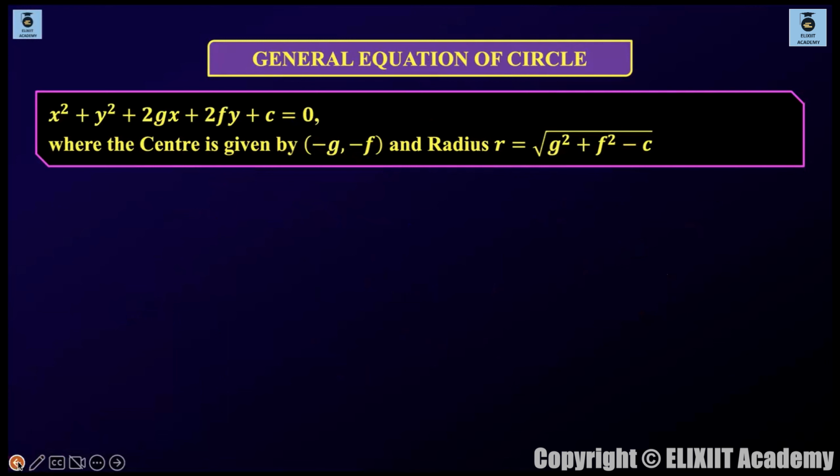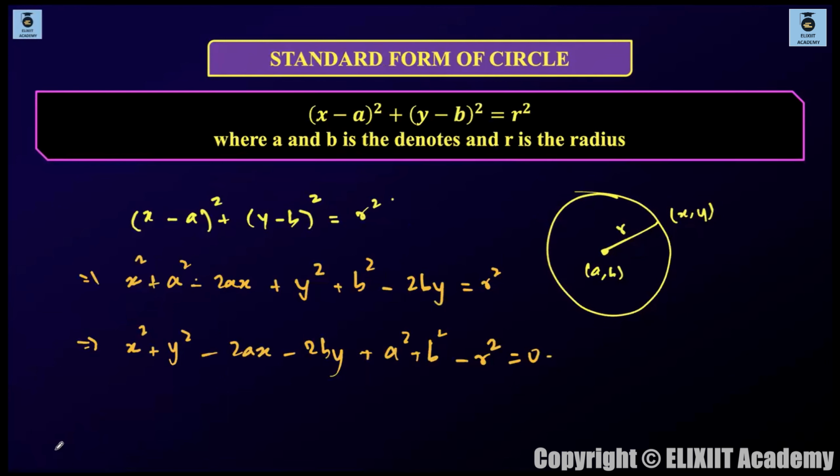This entire thing was taken to be the constant. So I compare with this equation, x square plus y square plus 2gx plus 2fy plus c, and once you compare, you'll get the things from here.